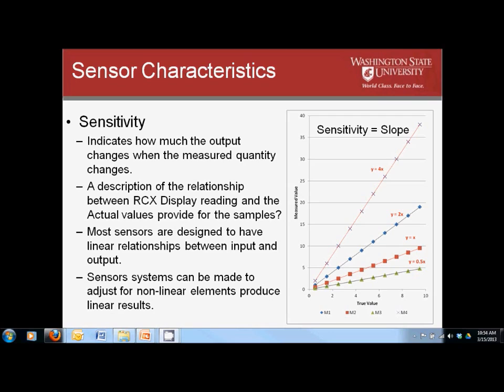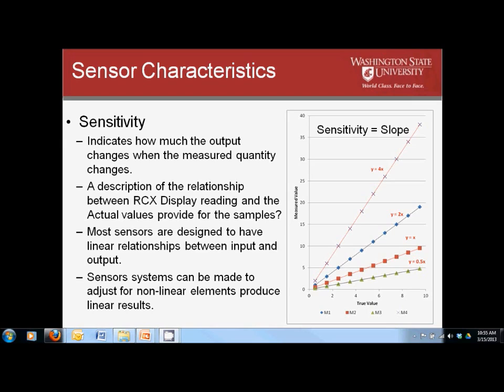Sensitivity provides a general relationship between the input being measured and the output measurement. It can be directly related to the graphical relationship of the true values and the measured values. The ideal examples shown here demonstrate the differences between changes in sensitivity. A slope equal to 1 indicates that the direct relationship is measured between the measured and true values.